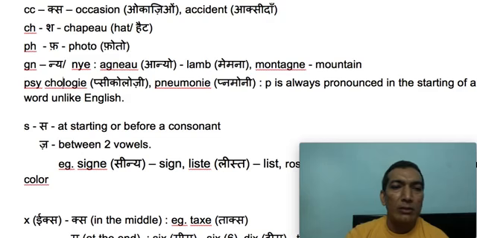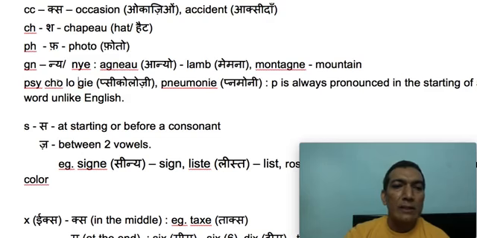I will break it also to make it clear. Psycho. So I said say ash is sure, but say o is ko. So ash is silent here. So it is pronounced as ko, not show. Psychologie. G is G. Okay. Psychologie, which means psychology. Okay.